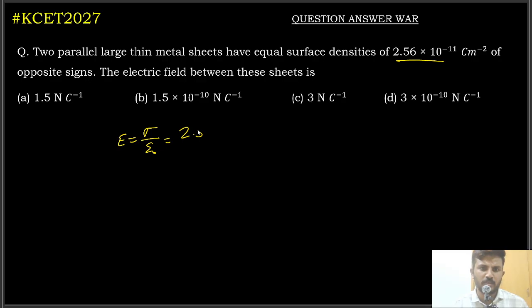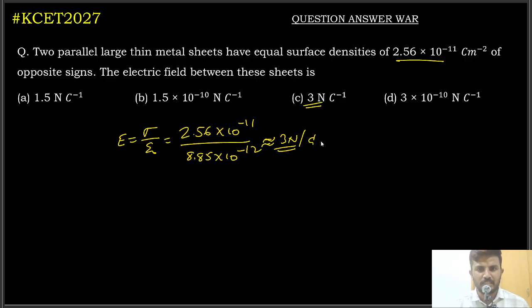Sigma is 2.56 into 10 to the power minus 11 divided by epsilon naught, which is 8.85 into 10 to the power minus 12. So it will come around 3 Newton per coulomb. 2 point something will come, 2.9 or 2.8, which is almost equal to 3, not exactly equal. So option C is correct.